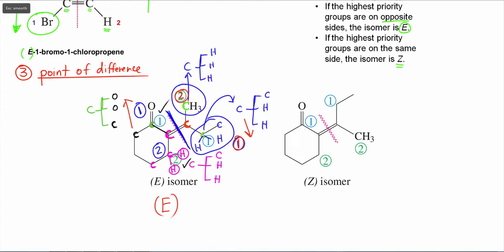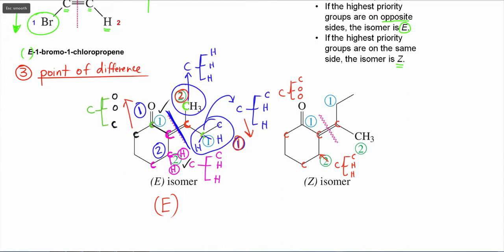If we look at this second model, so we have carbon, carbon. We want to see what's attached to those sp2 carbons. Well, I have this carbon, which is attached to this carbon and 2 oxygens. Now I have this carbon here, which is attached to this carbon and 2 hydrogens.